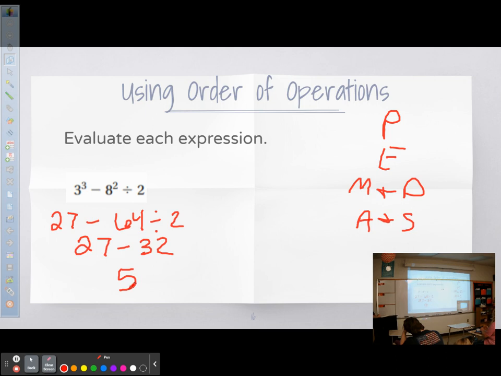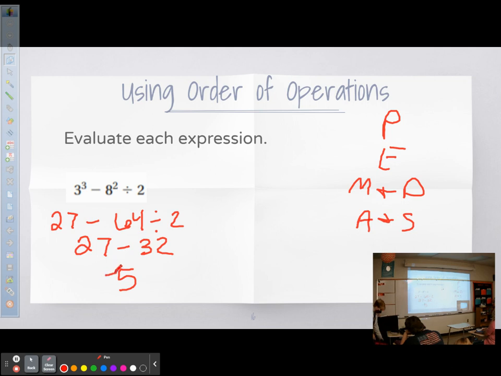Okay. Parker, you agree with that? Okay. 27 minus 32, if you have $27 in the bank account and you spend $32, you're going to get an overdraft fee because you're spending more than what you actually have, because that would put you in the negative.